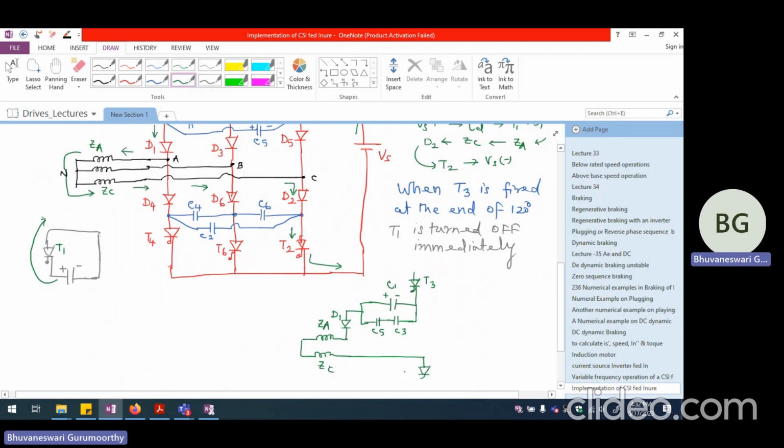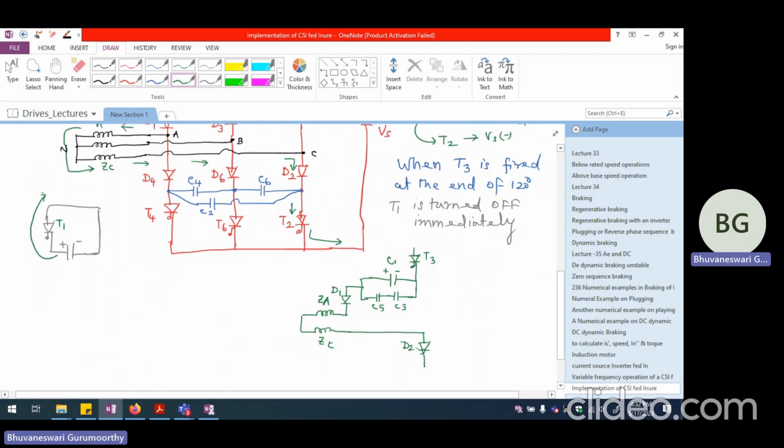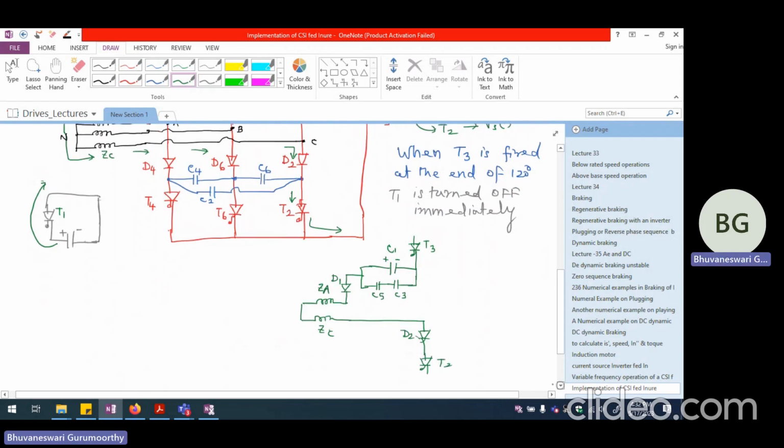So this is D2, and from this we are going to have T2, and then it is going to return back to the DC source. So this is the way the current path is going to be. Okay. So once T1 is turned off, this is going to be the path.